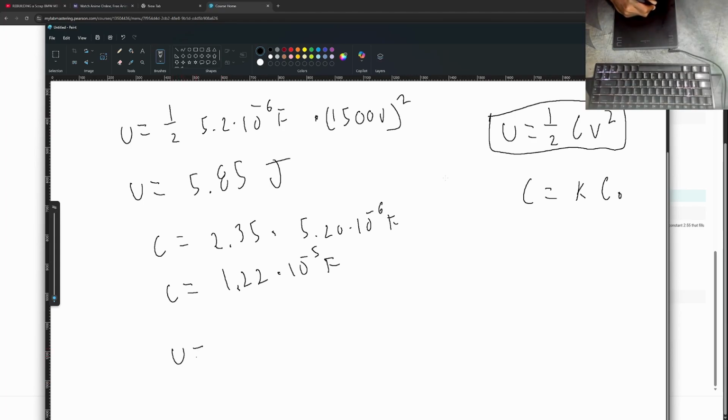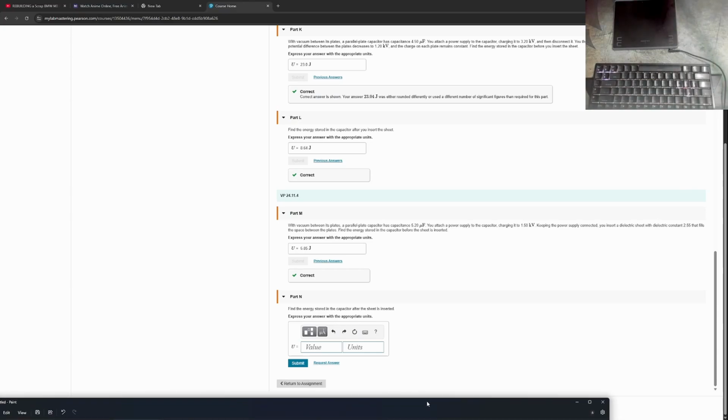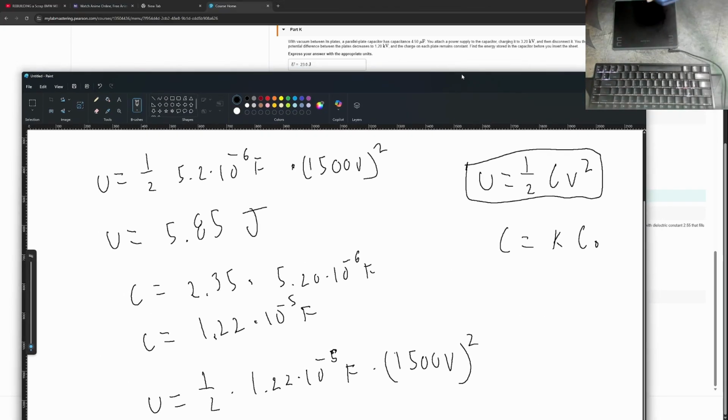And so our stored energy is going to be 1/2 times 1.22 times 10 to the power of negative 5 farads times 1500 volts squared.